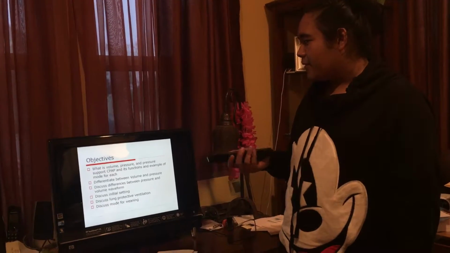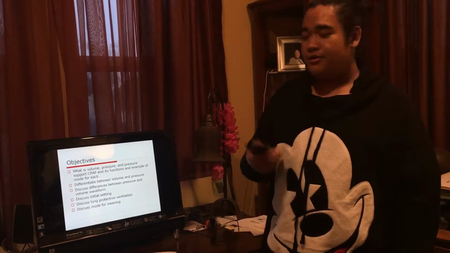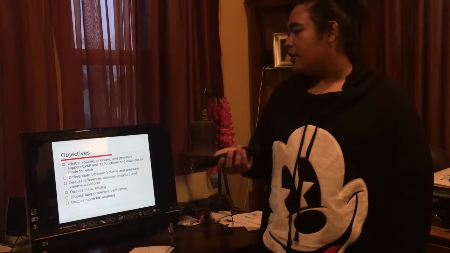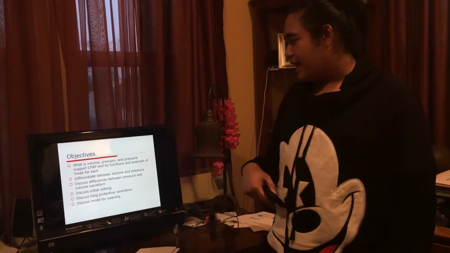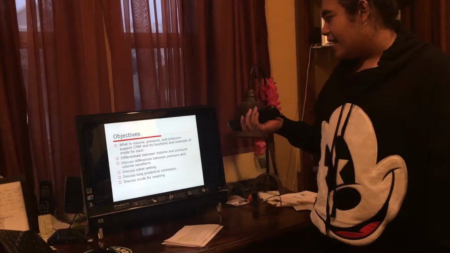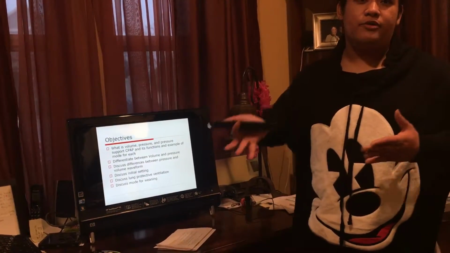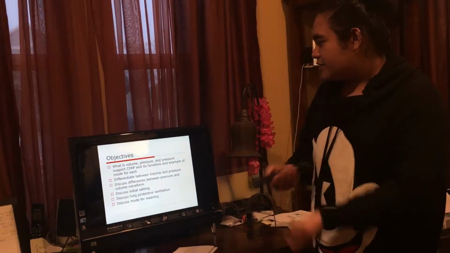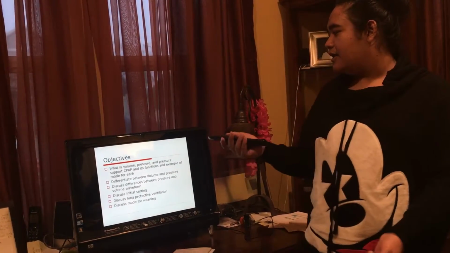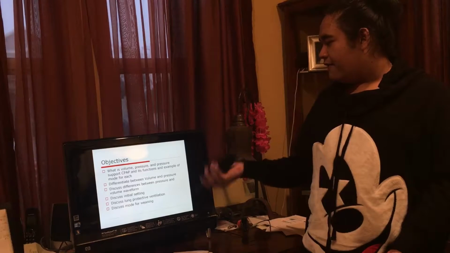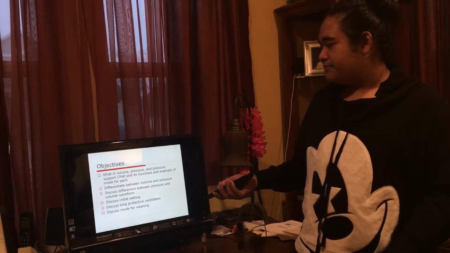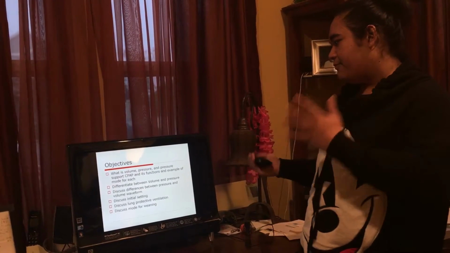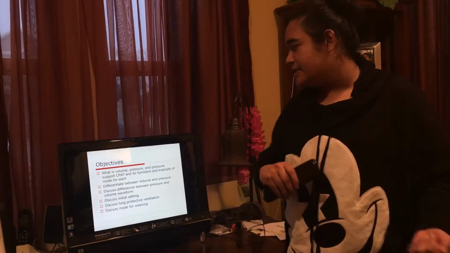We are going to talk about what is volume control, pressure support, CPAP or continuous positive airway pressure, and its functions, and some examples of the modes for volume and pressure control. We are also going to differentiate between volume and pressure control, and discuss some differences between the pressure and volume waveforms.